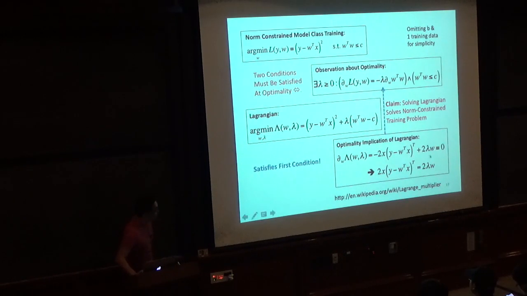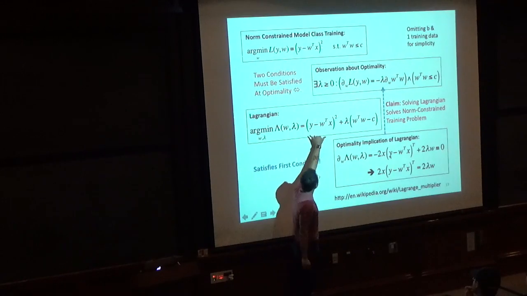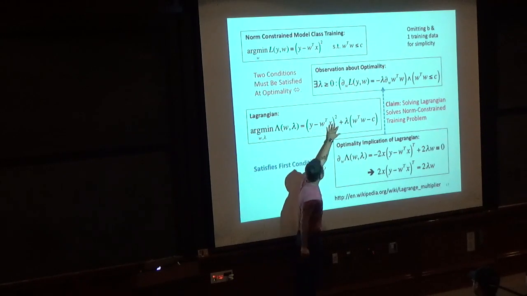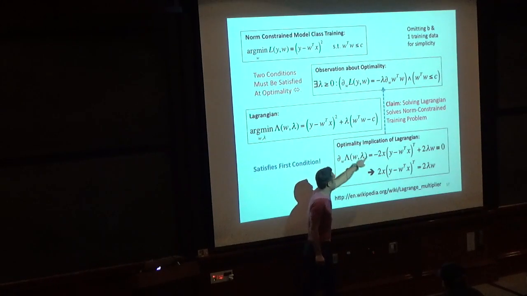And so that's why when you take the gradient with respect to W of this thing, you get 2x times (y minus W transpose x), which is just the gradient of this guy. So the 2 is from the derivative of this term, then you apply the chain rule on the little thing inside, which is just x.